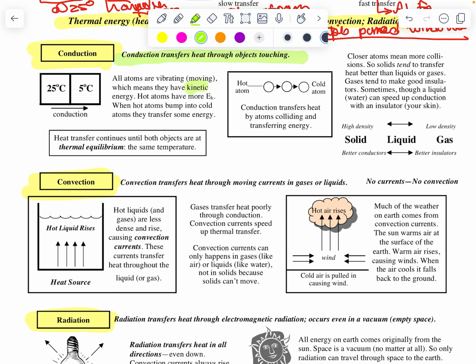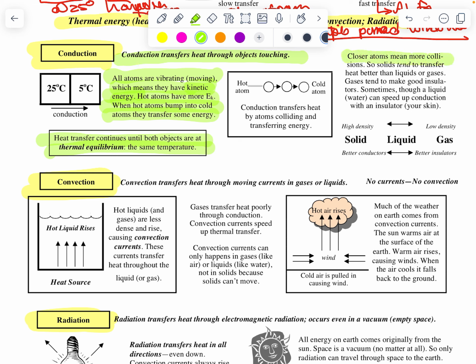We know that kinetic energy is energy of motion, and all atoms are moving, which means they have kinetic energy. Hot atoms have more energy than cold atoms, and when hot atoms bump into cold atoms, they transfer that energy. Heat transfer will continue until objects come to thermal equilibrium. That means they're at the same temperature.